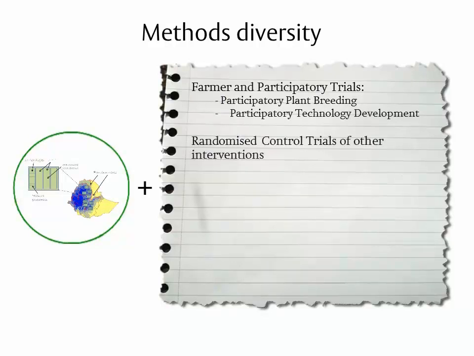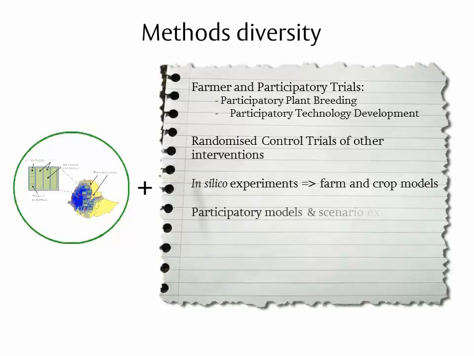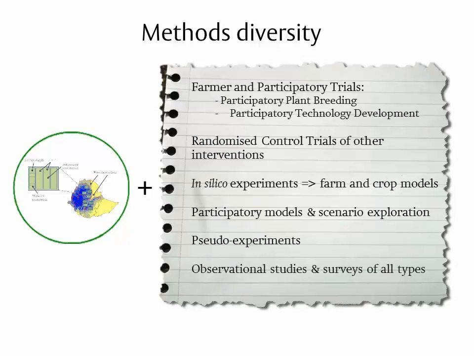These days we can do experiments sometimes in computers using simulation models, for example, whole farm simulation models or crop weather simulation models. Modeling has been also combined with participatory research in the form of participatory modeling and scenario exploration. There are pseudo experiments when we don't have full control over what is compared with what, where, and the full range of observational studies and surveys of all types.